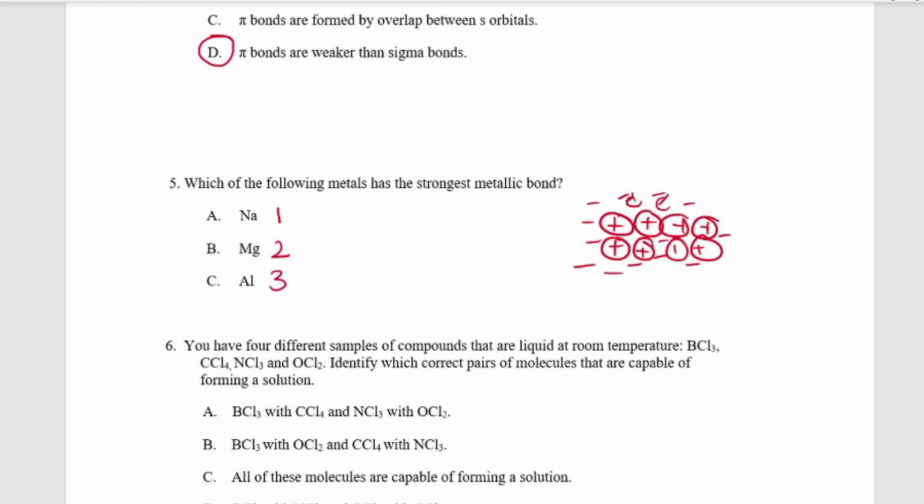So aluminium will have a strong metallic bond since it has the most valence electrons. So it will form the biggest number of mobile electrons. So the answer is C.